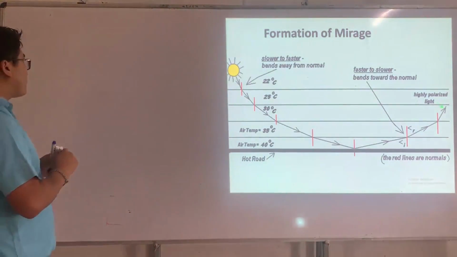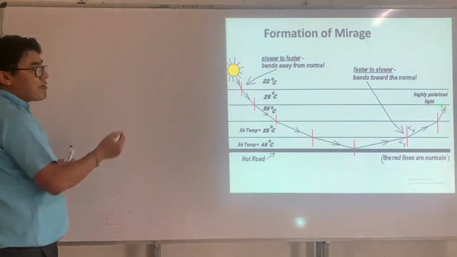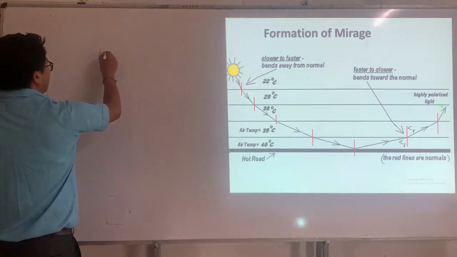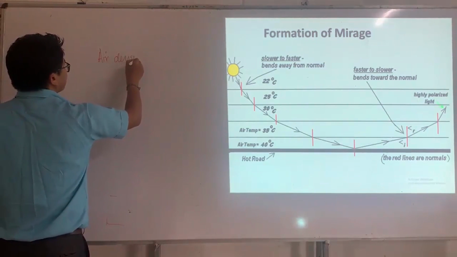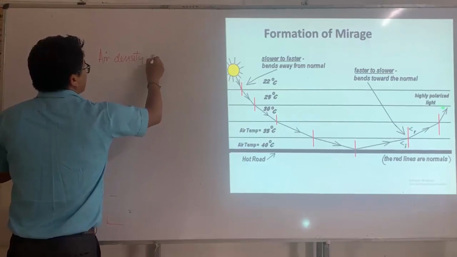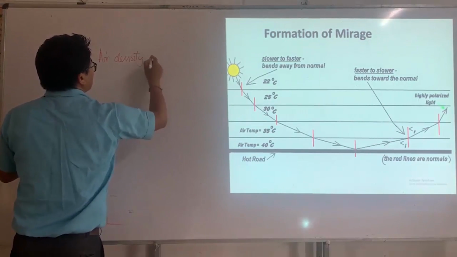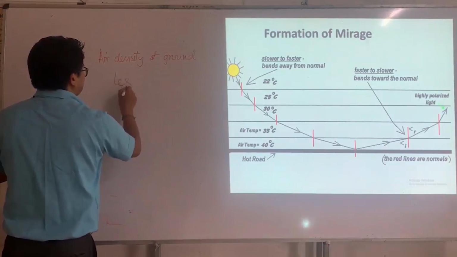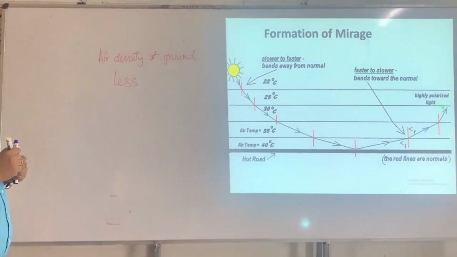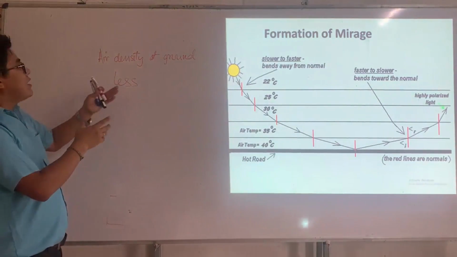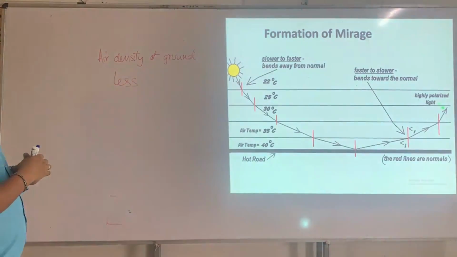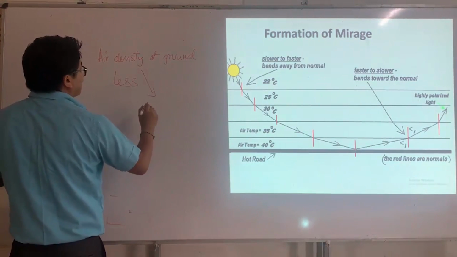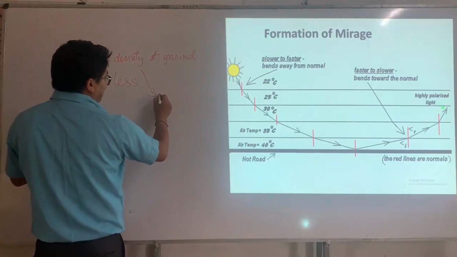During very hot summer times, the ground gets heated up. Air density around the ground is less. Why? Because heating takes place. And because air density at the ground is less, refractive index is less.